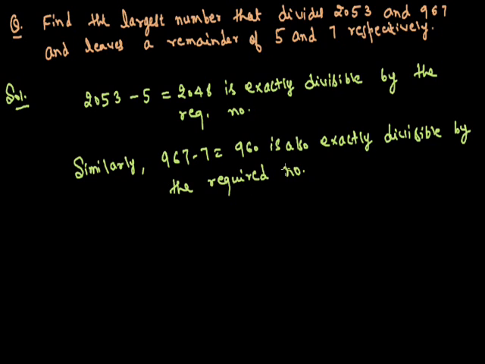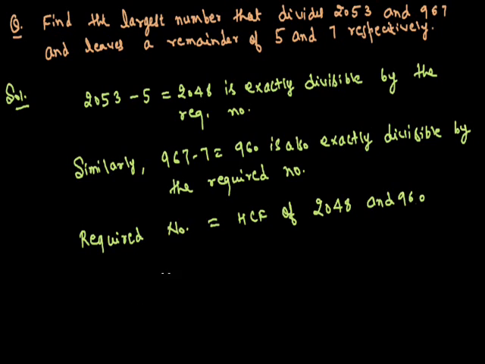So to find out the required number, we can say required number is equal to HCF of 2048 and 960. Therefore 2048 can also be written as 960 into 2 plus 128.